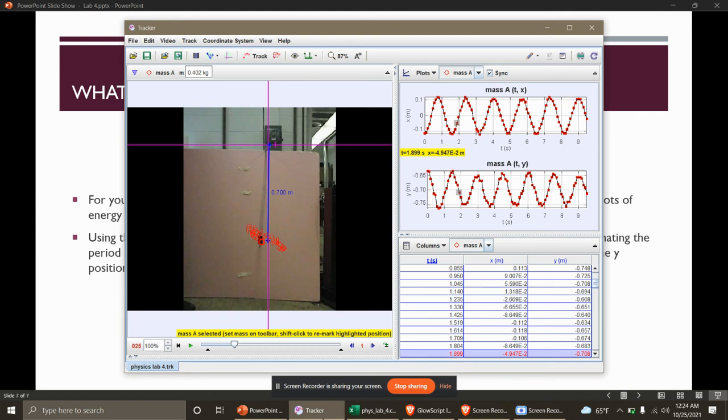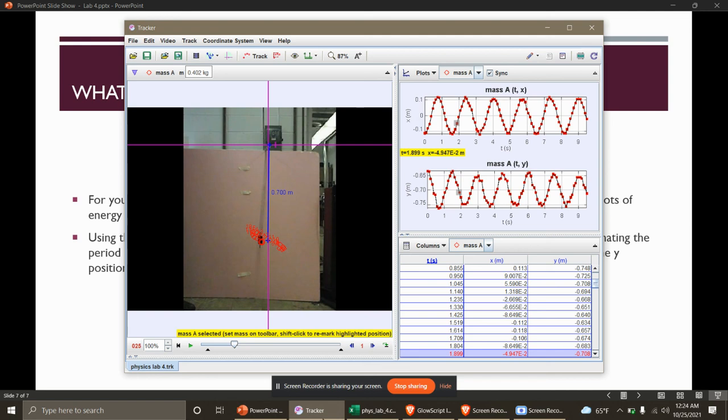For the Y, we got 1.52. So we can see that they're pretty consistent, within about 0.1.